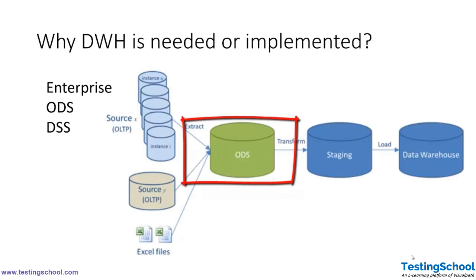Now the main characteristic of ODS is that the data is not permanent, it is volatile. What does that mean? Volatile means data is changed randomly or it just vanishes, right?